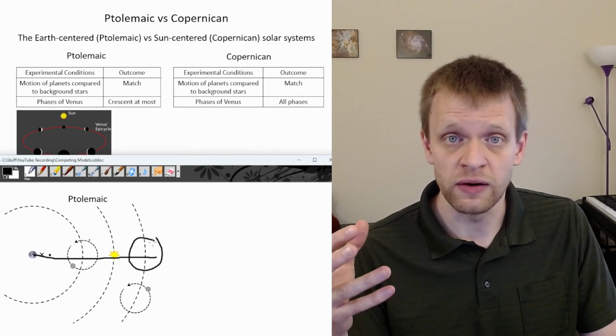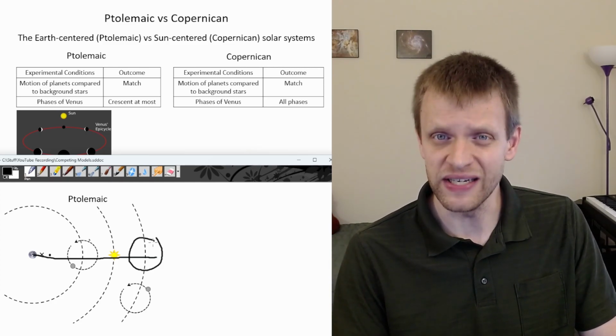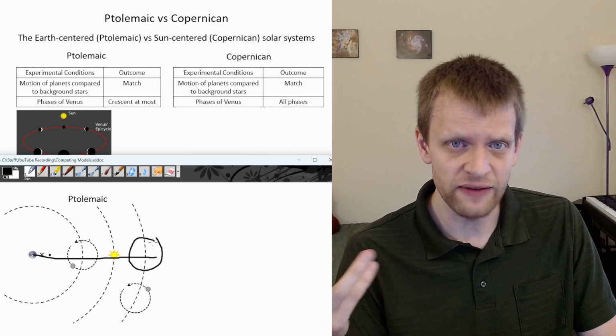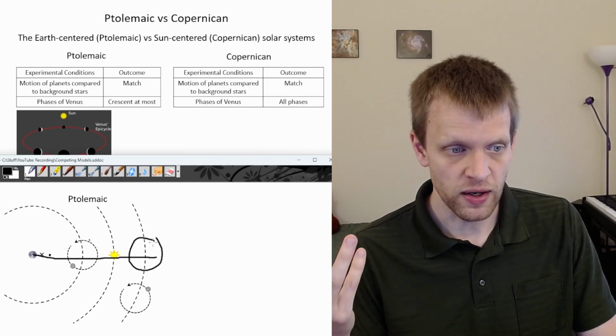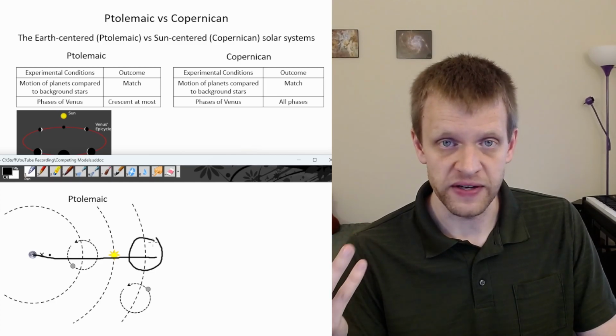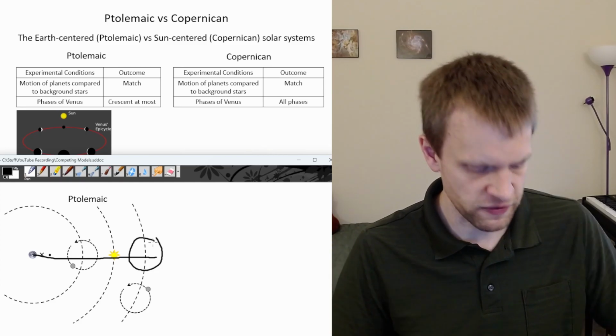Well, then we'd never see new moon phases, or I guess new Venus phases. We'd never see cases where the majority of it is in shadow. We just see phases where most of the visible surface is illuminated from our perspective.